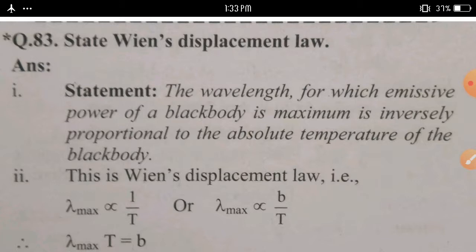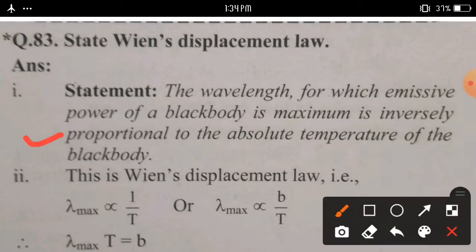The wavelength for which the emissive power of a black body is maximum is inversely proportional to the absolute temperature of the black body.